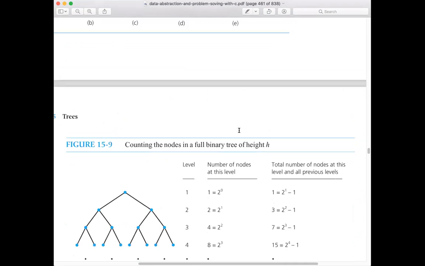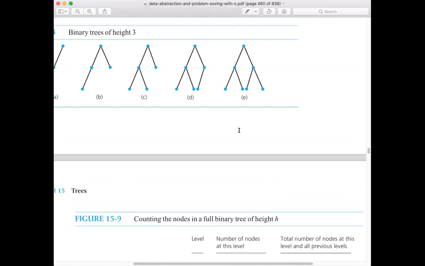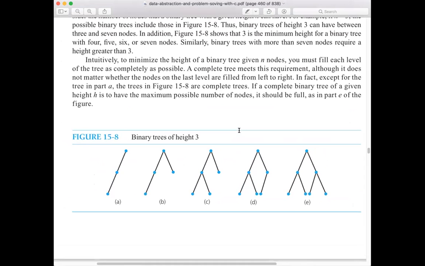The result is kind of interesting, and just to give yourself a little test, if you've understood some of our discussions this semester, particularly about big O analysis, and I ask you, if there are n nodes, what is the minimum height of the tree going to be? Well, I'm going to want to fill the tree up as much as possible, right? So we could make a little chart.